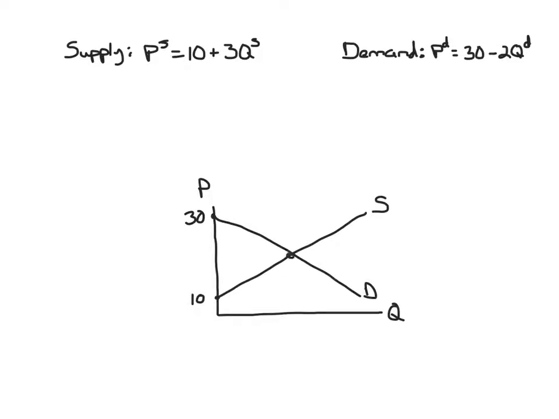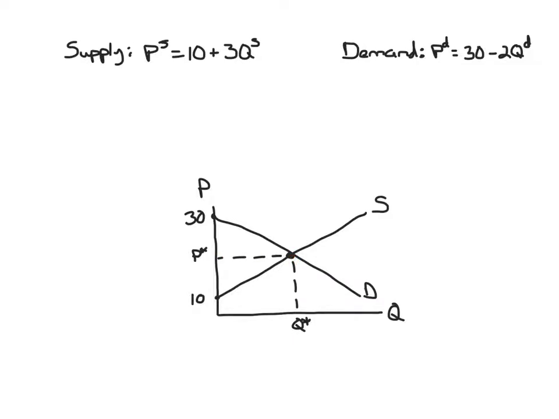Okay, and we know right off the bat that there's going to be an equilibrium where the supply and demand intersect. And our first task is to actually find what the numbers are for P star and Q star. So there's two ways we can approach this. One is that we can set the equation for supply equal to the equation for demand, and then solve for Q star and P star.